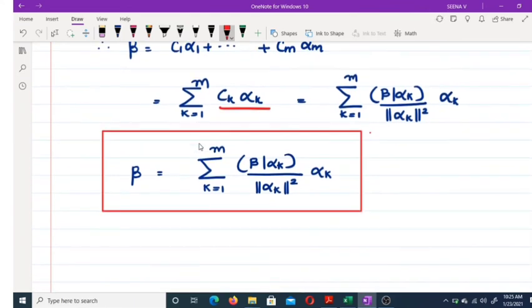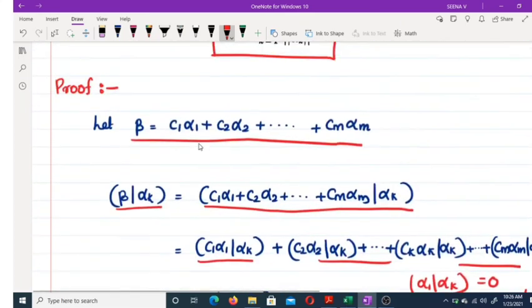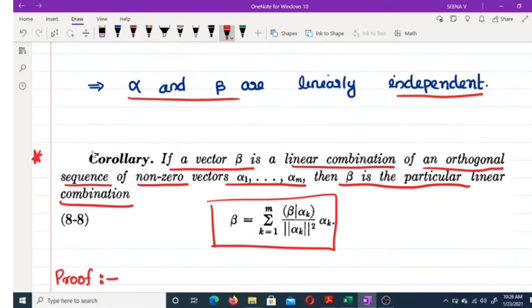Thus, we get if beta is a linear combination of non-zero orthogonal vectors, then we can write beta like this. This is a very important result. Beta equal to sigma k equal to 1 to m inner product of beta and alpha k divided by norm of alpha k square into alpha k. Once again, read the statement of the corollary.